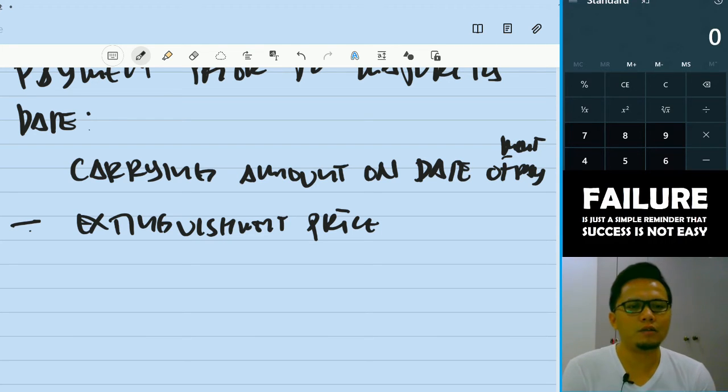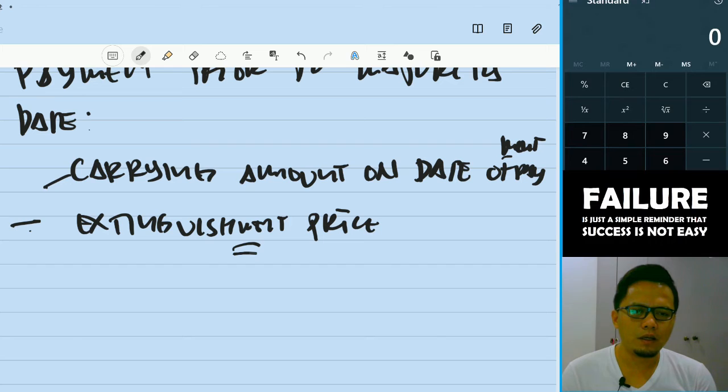Now, we have to remember na the comparison to get the gain or loss is the carrying amount on the date of payment. So that means we have to compute for the carrying amount on the date of payment.